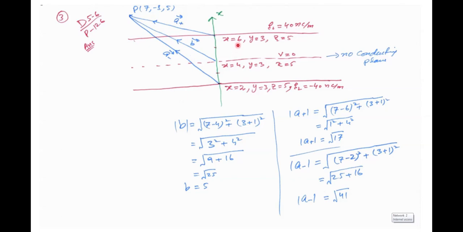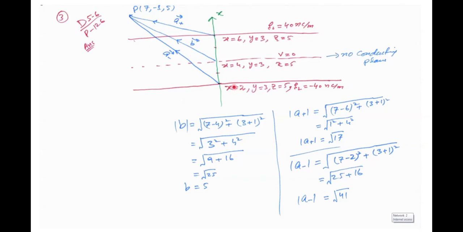So we have to look at the image of this charge at a symmetrical position below the infinite plane having 0 potential. That location occurs at x equal to 2. So the difference between the plane location and the image of the line charge is 2, when we look at the negative line charge at x equal to 2.